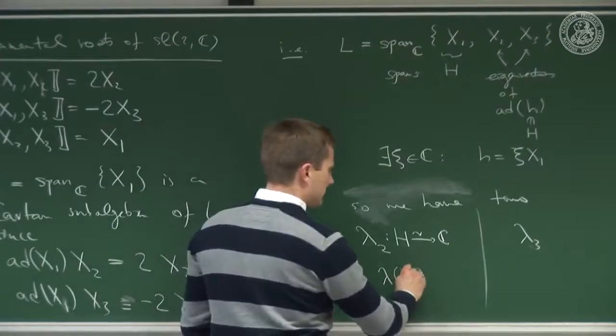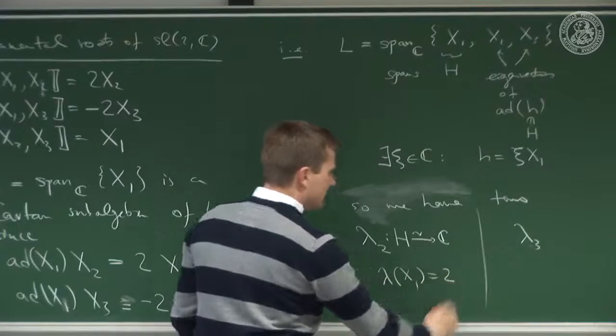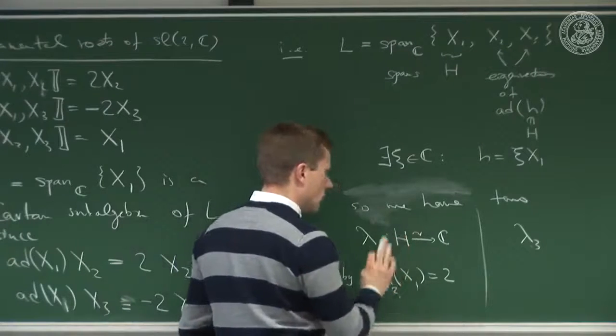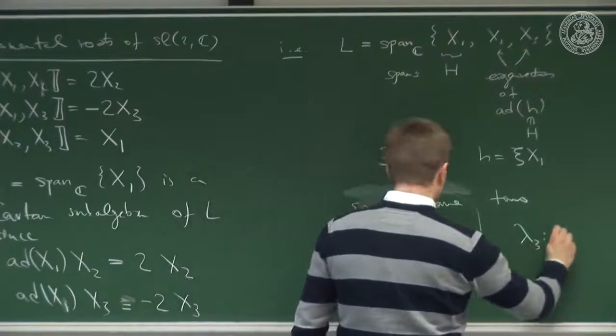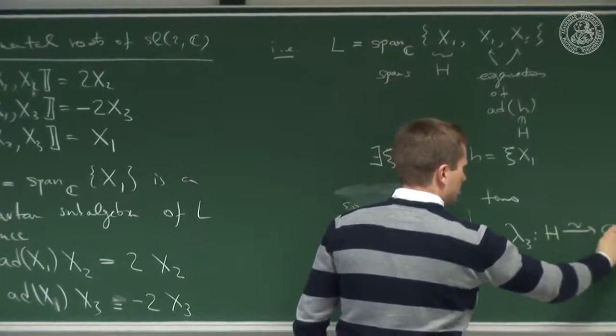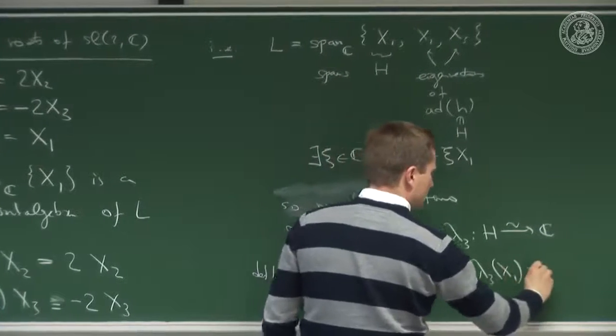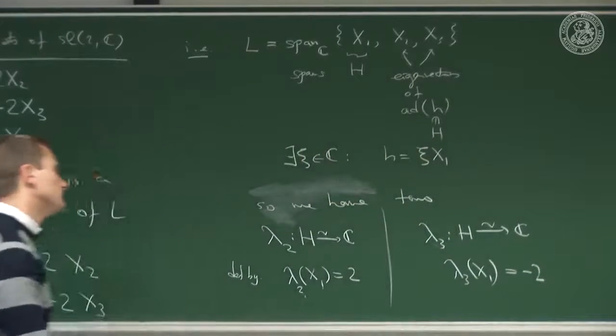In a one-dimensional vector space, the basis is just x1. We define lambda 2 of x1 to be 2, and lambda 3, also a linear functional, is defined by lambda 3 of x1 being minus 2.